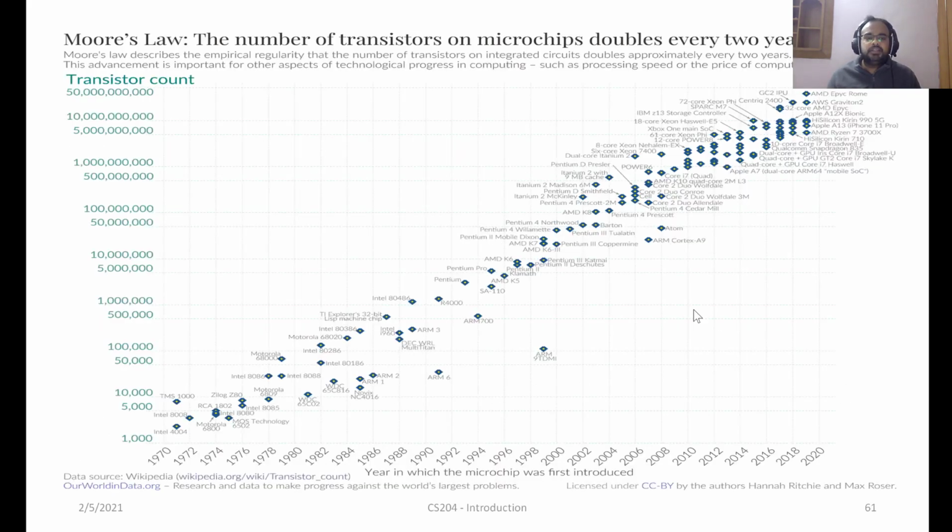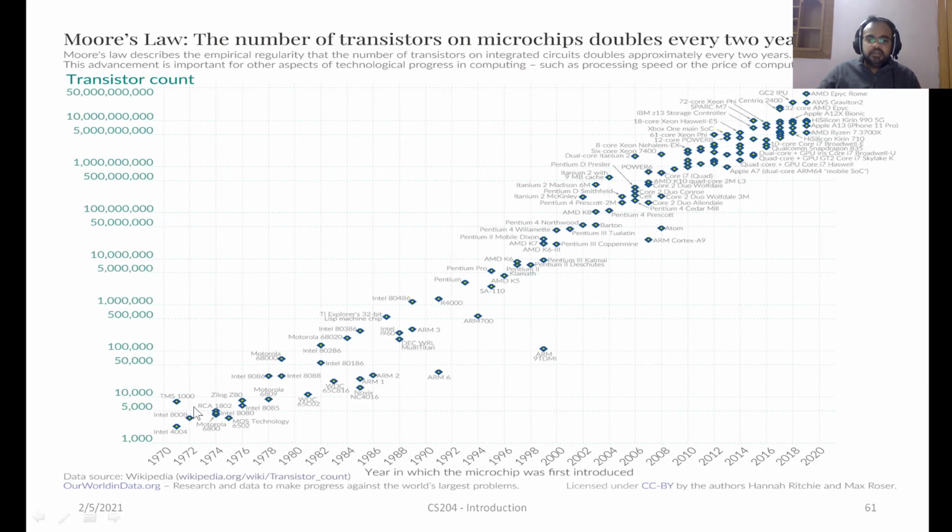A quick example is here. Almost right from 1968 till the current year 2020-2021, you can see on the y-axis how the transistor count has increased.